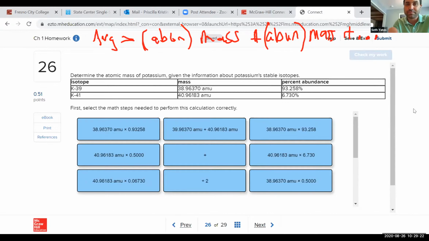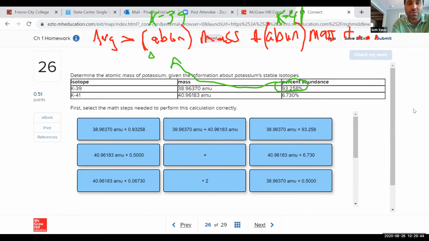Here, it's relatively straightforward. The two isotopes are potassium 39 and potassium 41. So we would take the abundance here and plug it in, in decimal form.